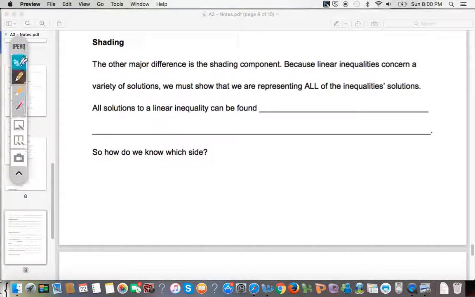The other difference is the shading component. Because linear inequalities concern a variety of solutions, we must show that we are representing all of the inequality solutions.